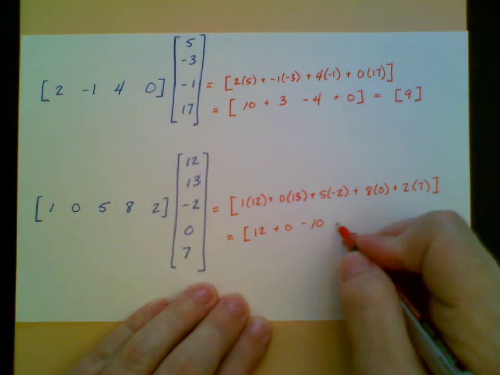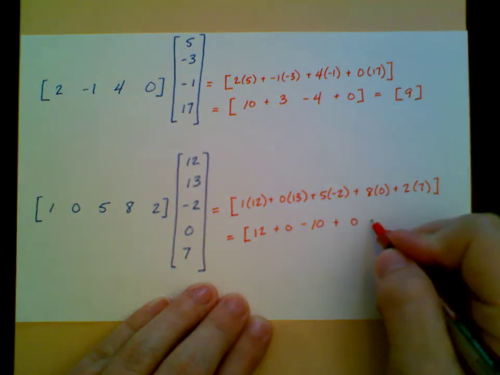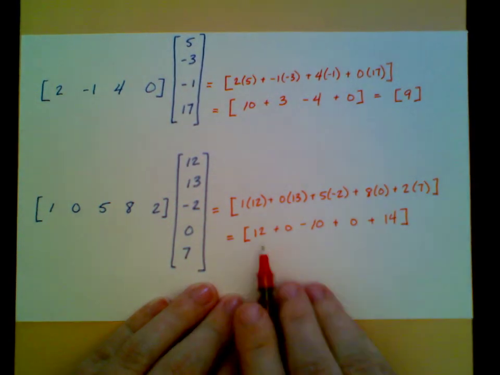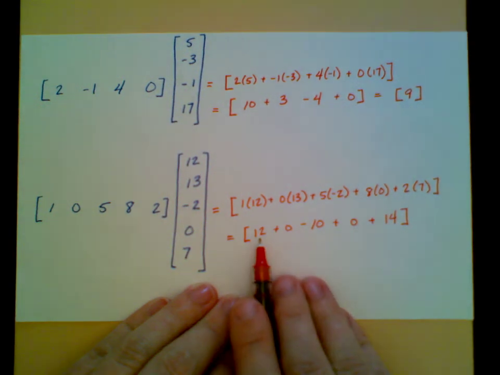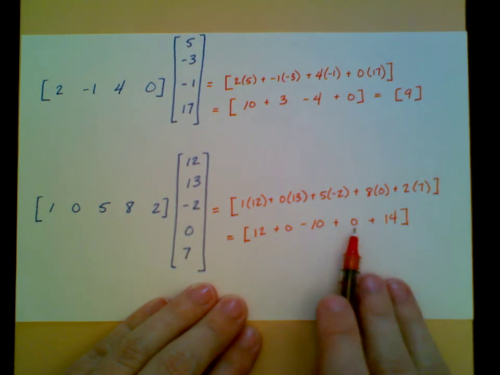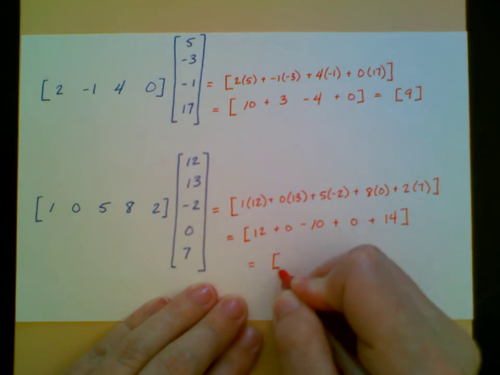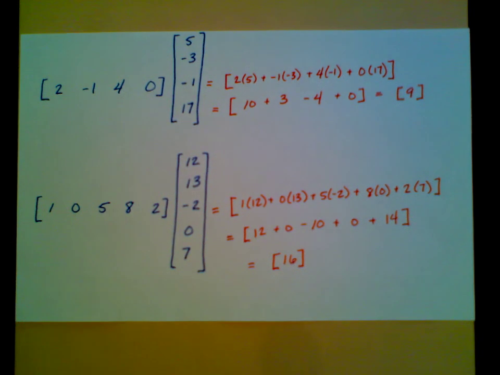Different people have different comfort levels with arithmetic in their head. So I can ignore the zeros really, because adding 0 doesn't change anything. So 12 minus 10 is 2. Ignore the 0, plus 14 is going to be 16. So that is the 1 by 1 matrix with the number 16.